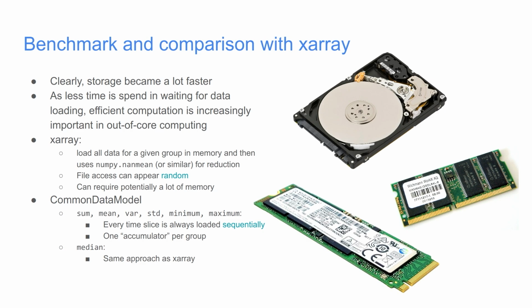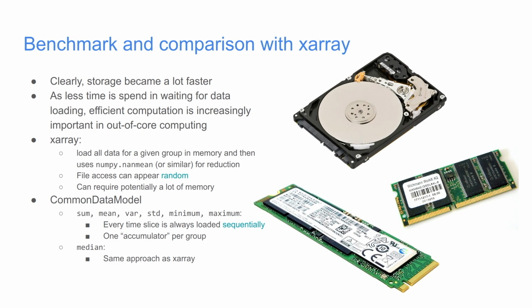While in common data model, for most reduction operations like sum, mean, variance, standard deviation, minimum, and maximum, the data is loaded sequentially. So I load the data as they are stored on the disk. I look at the data: okay, you are January, you go to the mean of January; you are June, you go to the mean of June, and so on. So you're loading the data sequentially, and that's much faster. But you cannot do this for every case.